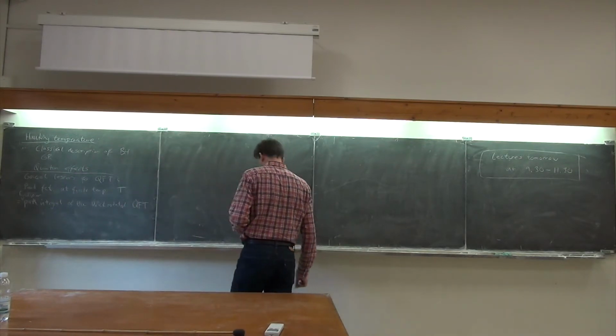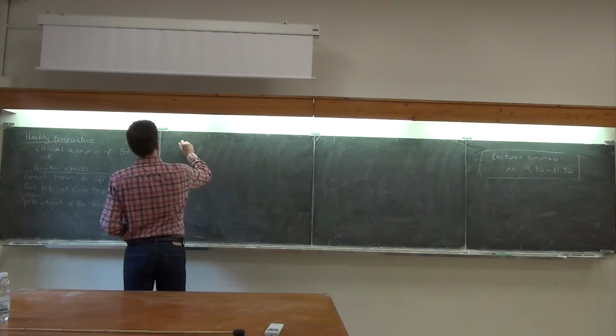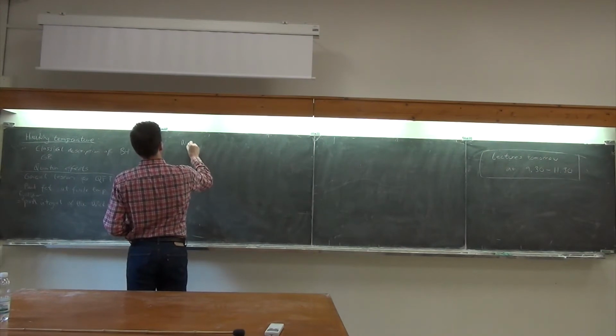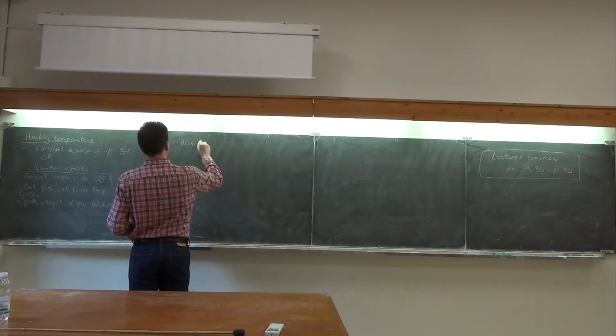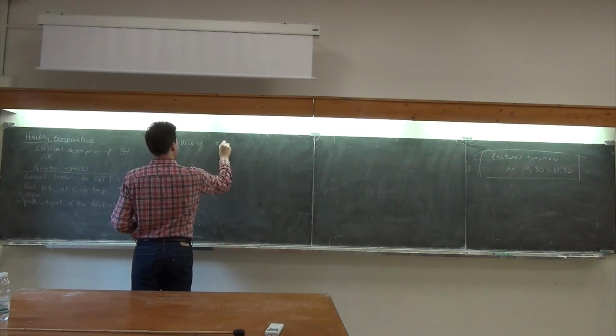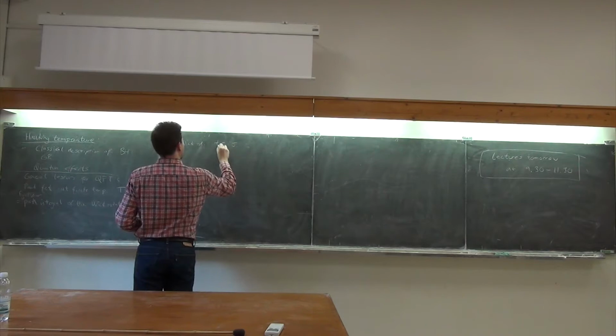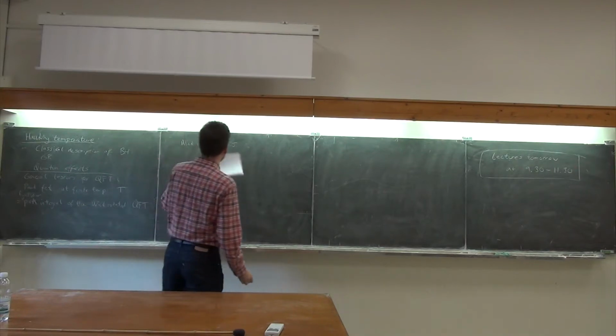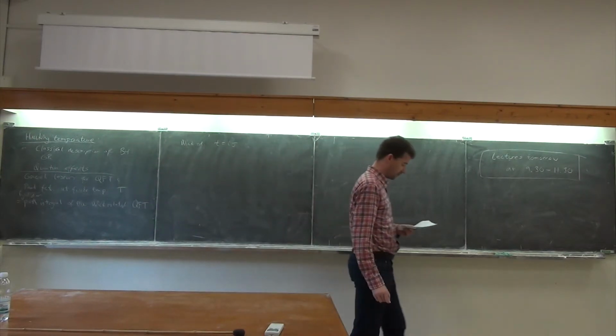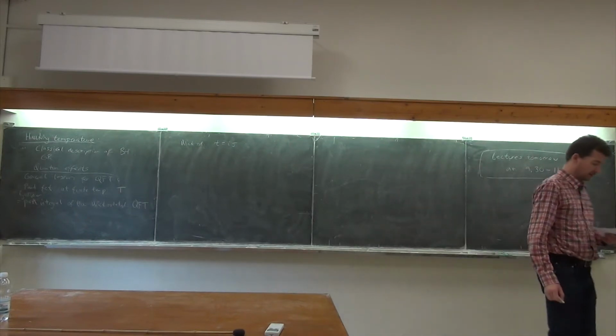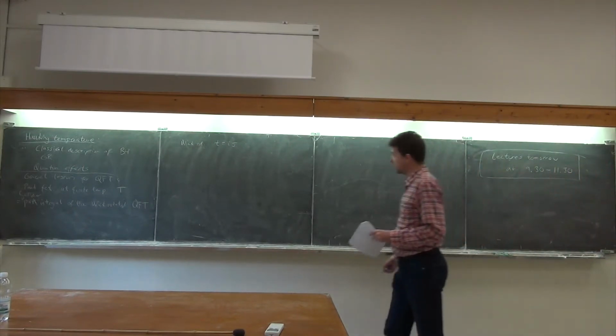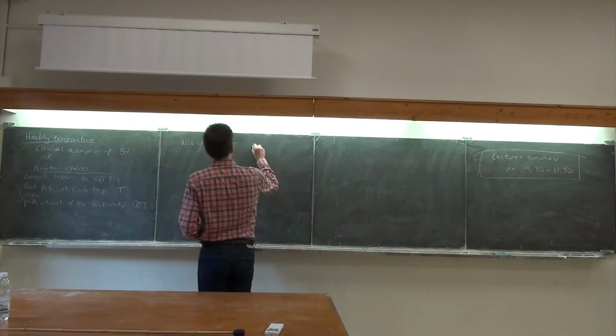So what does this mean? Well, you make this Wick rotation of your quantum field theory. So you say that temperature is equal to i times some Euclidean time. So this tau is Euclidean time.